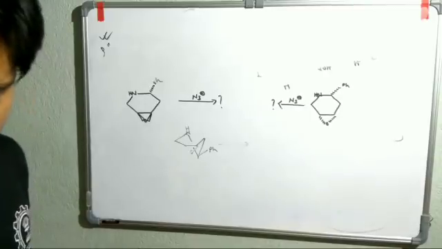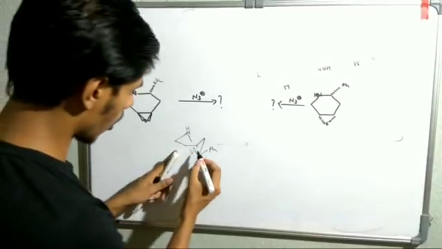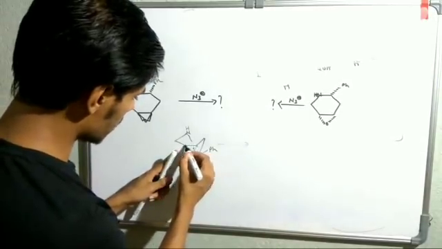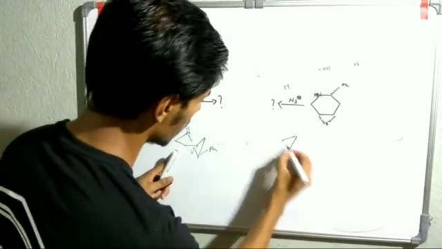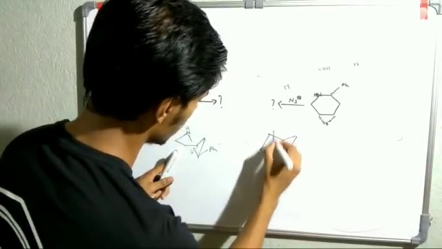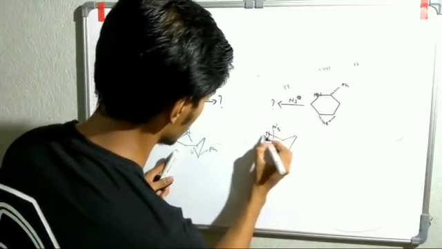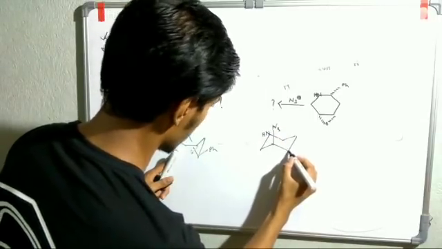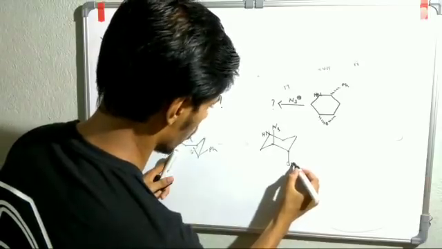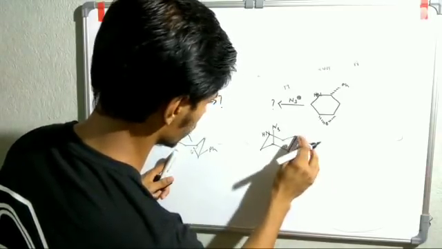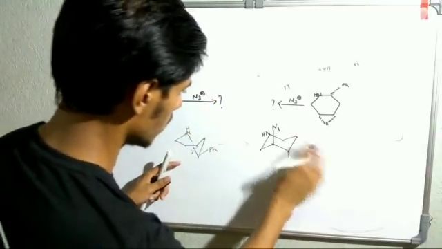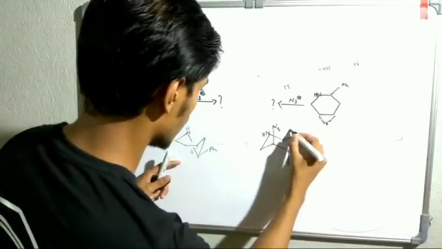So basically if the nucleophile attacks on this particular atom, what will you get? You will get this product where you have this N3 here, this NH here, and this OH here, and also this phenyl here, right?